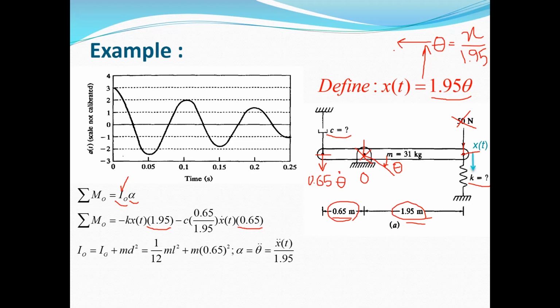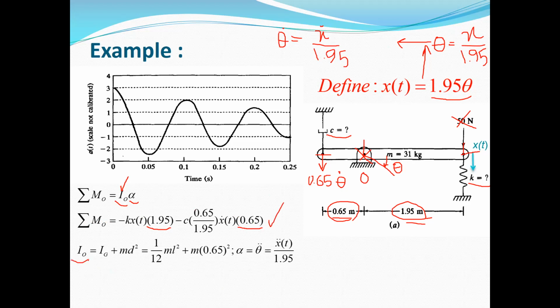I mean, theta is equal to x divided by 1.95, so theta dot is equal to x dot divided by 1.95, and we can substitute here. And finally, the summation of the moment about point O will be obtained from these two terms.